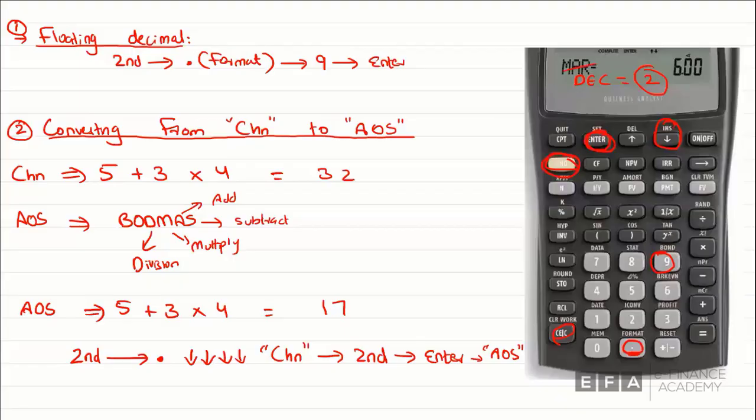Now, once you change the mode from chain to AOS, you still need to be a little careful while using the calculator. Let's suppose I'm doing this calculation, which is 5 plus 3 times 4, and all this divided by 2. If I put this in the calculator by pressing 5 first, then adding 3, then multiplying by 4, and then dividing by 2, here is the problem.